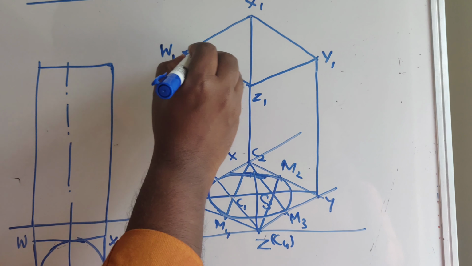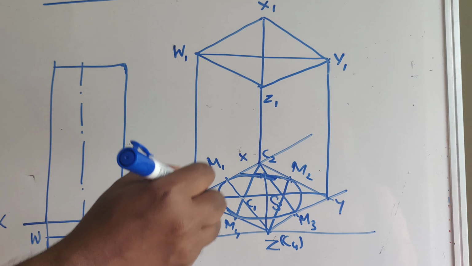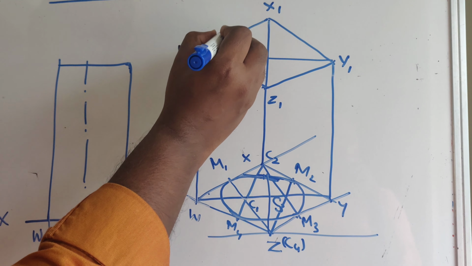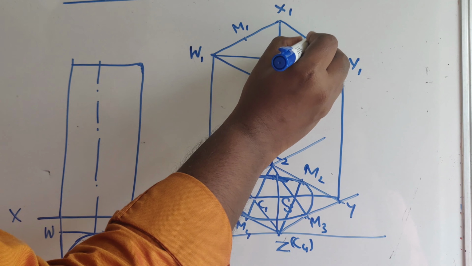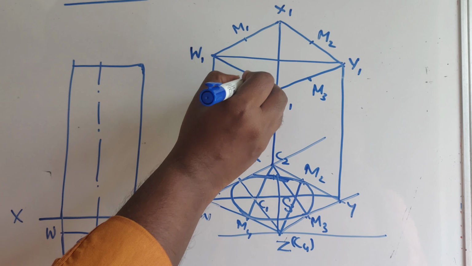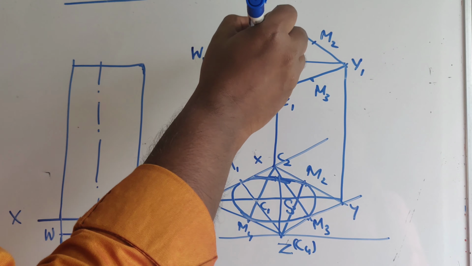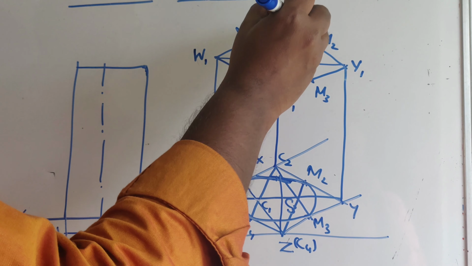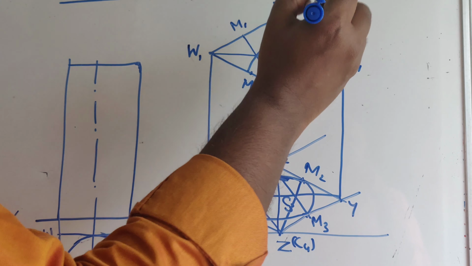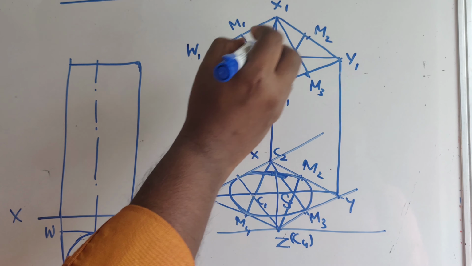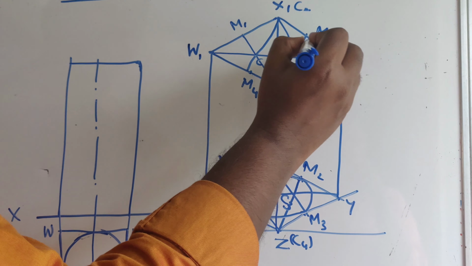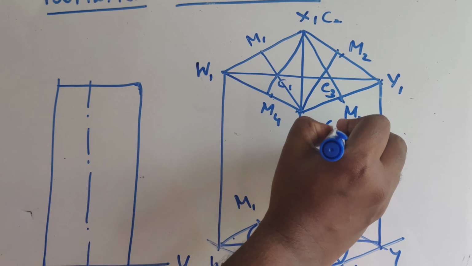Again you can have the diagonal. You can repeat the same thing. That is, for getting the ellipse, you have to go for the 4 center method. Again M1, M2, M3 and M4. Join Z1 M1, X1 M4, then Z1 M2, X1 M3. So you are getting this as C1, C2, C3 and C4.